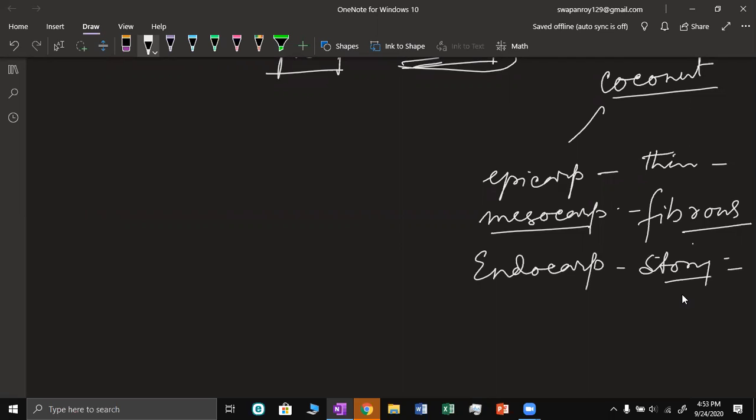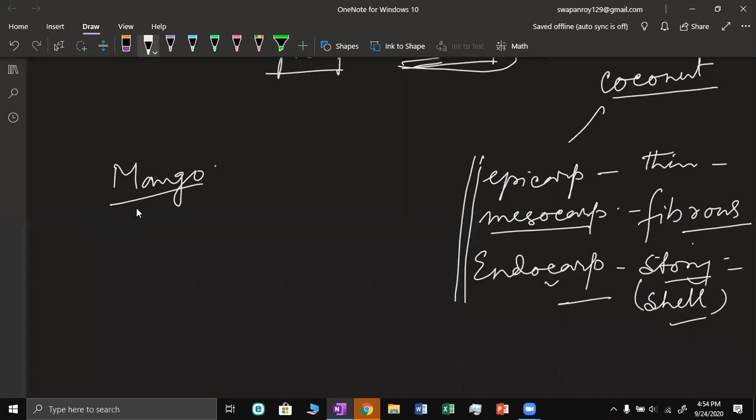This is the coconut shell. So these three portions are in coconut, and one peculiar thing is that mango and coconut belong to the same group of fruit.